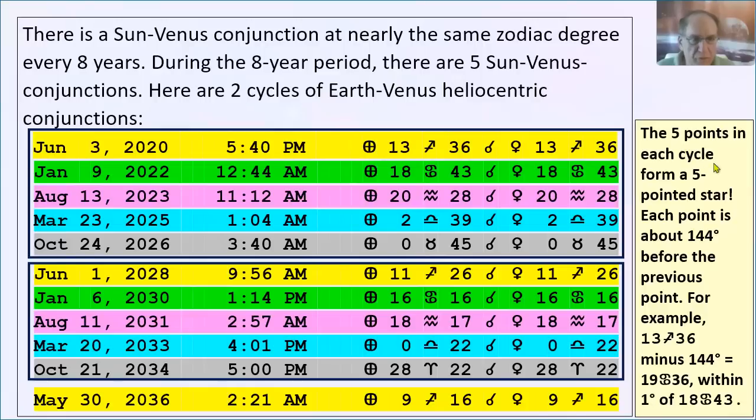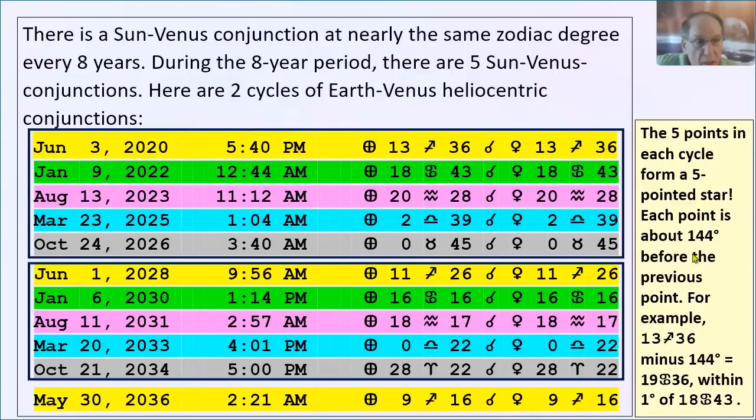So the 5 points of each cycle form a 5-pointed star. So if you put 13 Sag 36, 18 Cancer 43, if you put these positions in a chart wheel and you draw lines between them, you do get a 5-pointed star. So these conjunctions heliocentrically of Earth and Venus form a 5-pointed star. And the conjunctions, as we will see geocentrically, also do. And now let me tell you something else.